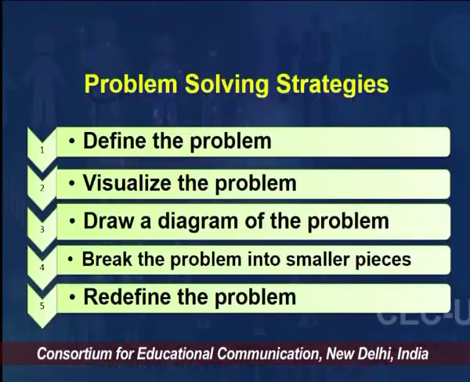The second is visualizing the problem. Once you have defined this is the issue, then try to visualize it. So this has happened and this has connection with this aspect which led to this issue, that issue led to this issue, and finally that problem has popped up. So there are many dots.